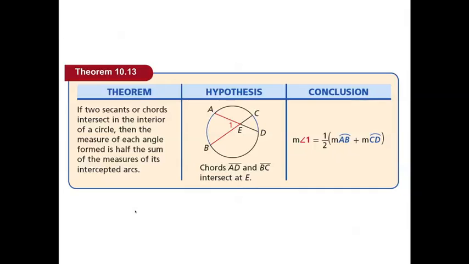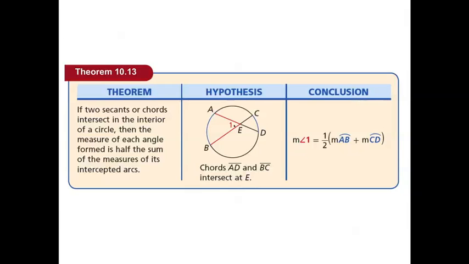Okay, now this theorem, you can see that I have two chords, and they could be secants as well. They could be going through the circle. It wouldn't matter. But I have two chords in this picture, and the two chords intersect inside the circle. So I have a vertex in the interior. And what happens is the angle here, angle 1, is going to end up being half of the two intercepted arcs summed.